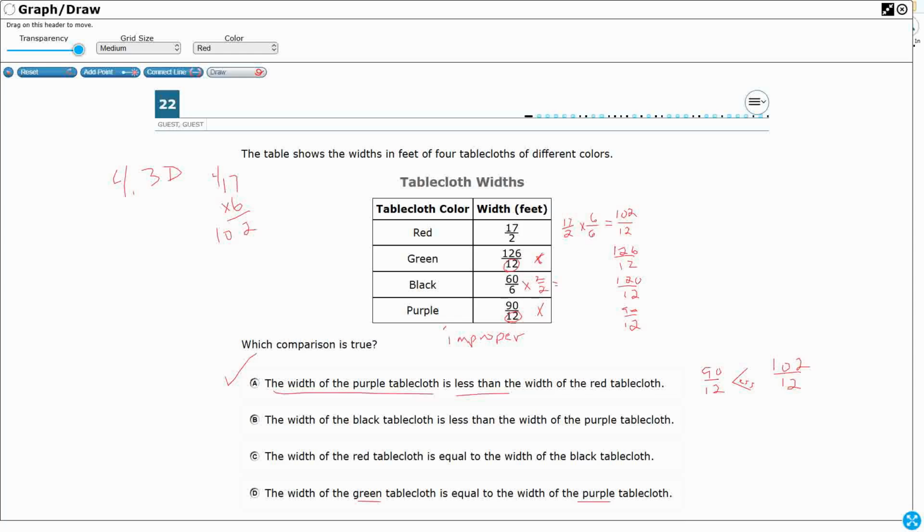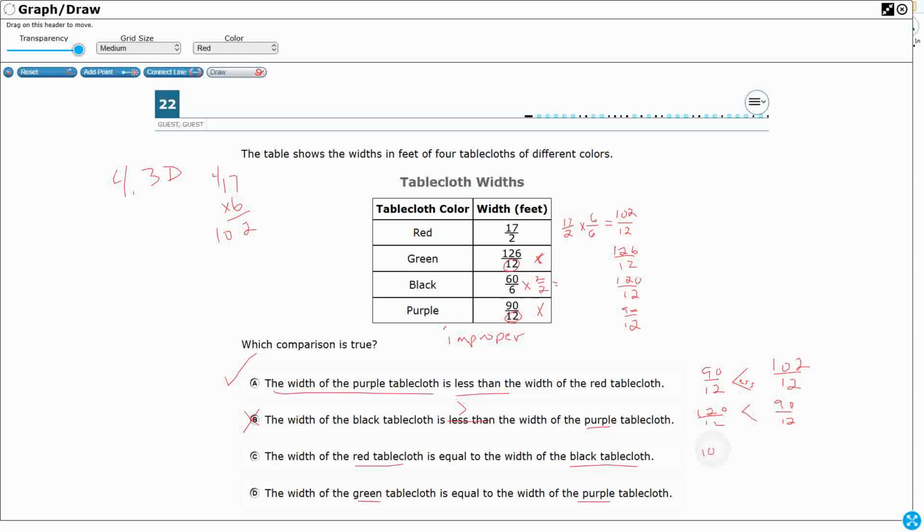So that looks good. Let's verify that B, C, and D are incorrect. The width of the black, that's going to be 120 over 12, is less than purple 90. No, it's greater than. So the answer is incorrect. The width of the red is equal to the width of the black. I don't think any of these are equal.